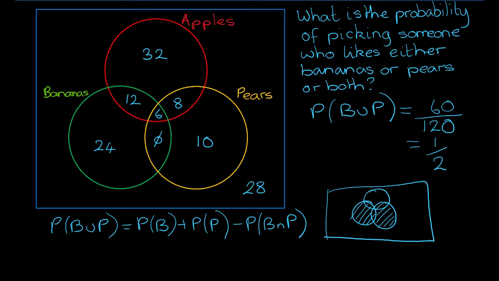Because if we've done all of the bananas and added them up and all of the pears and added them up, then we will have duplicated that 6 part that was in the middle here, look. So we have to take that off if we're doing it numerically without a picture, so that we don't duplicate.